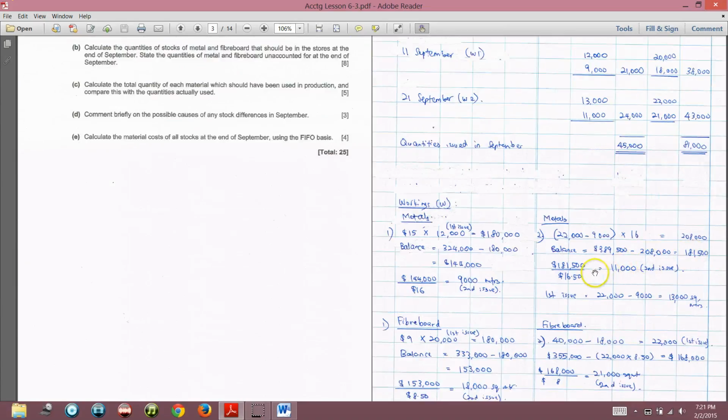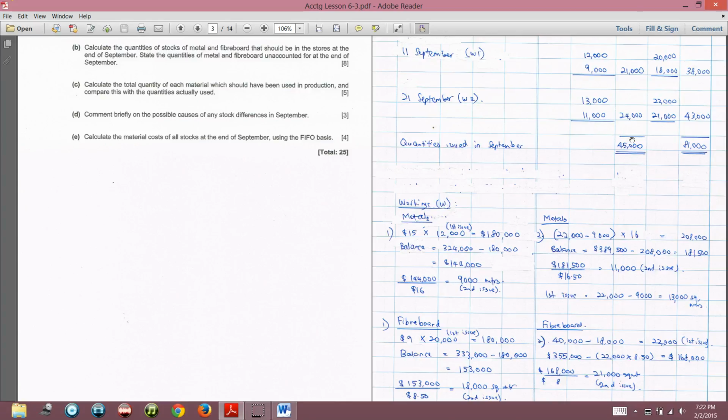To know the quantity of this metal issued to production, you take 181,500 divided by 16.50, you get 11,000. So 11,000 on 21 September. The total issued to production on 21 September will be 24,000 meters. So this is the quantity of metal issued to production.